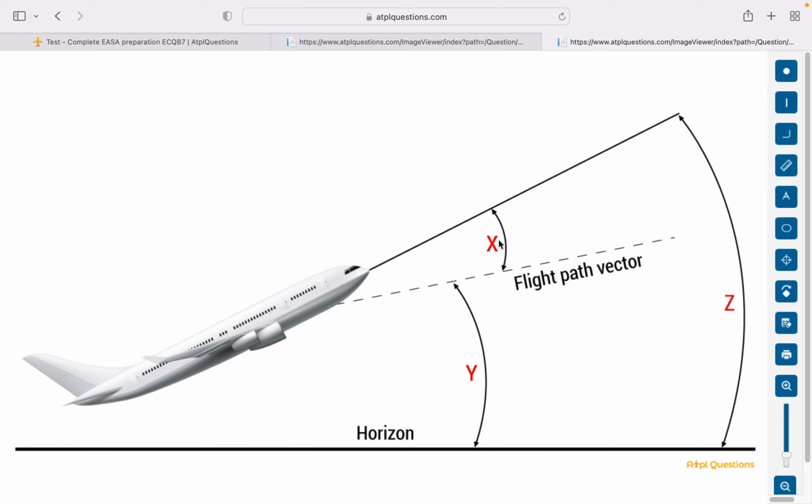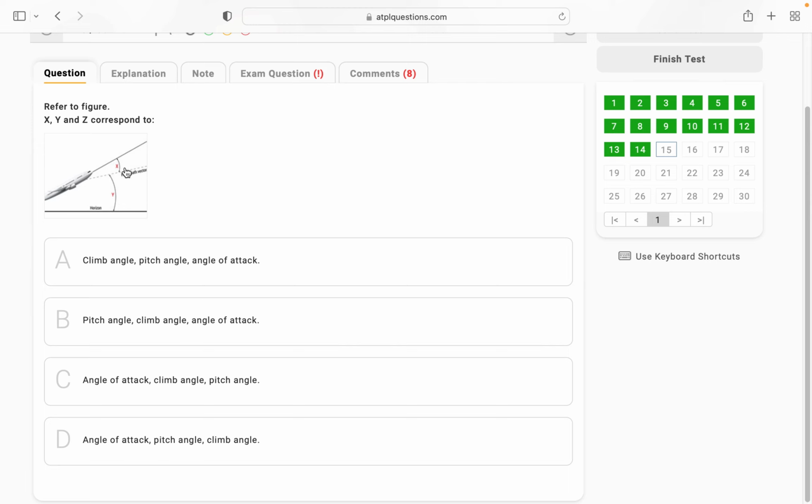So X is for angle of attack of the airplane. So X angle is the angle of attack. So we are talking about C or D. Y is the climb angle and Z is the pitch angle. So the correct answer is C.